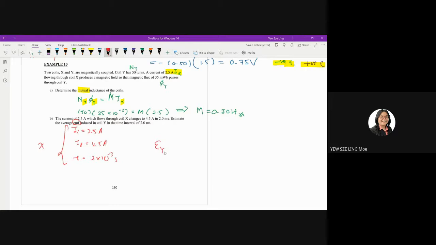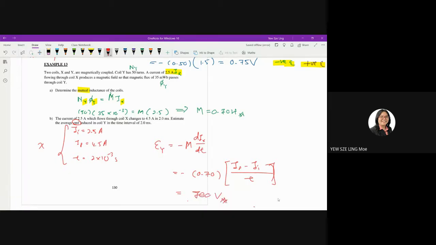So EMF_Y is equal to negative M dI_X over dt, once again because you are looking at the mutual induction process. So negative 0.7 times I final minus I initial over time.